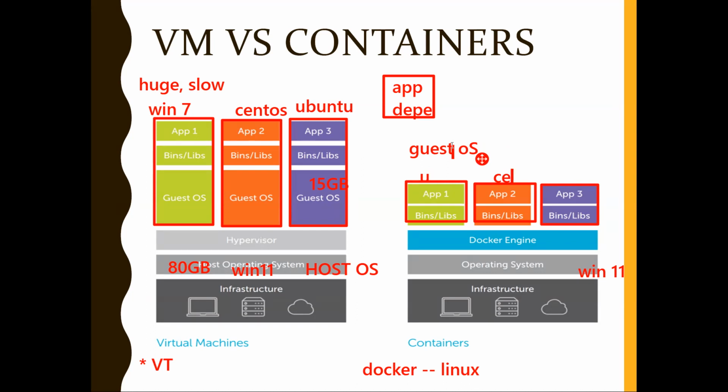We don't always need a full-fledged operating system, and we don't use all the utilities. Whatever utilities are needed for the application will be present. Hence you may call it an Ubuntu container, CentOS container, or Windows container, and so on. So that's a major point.